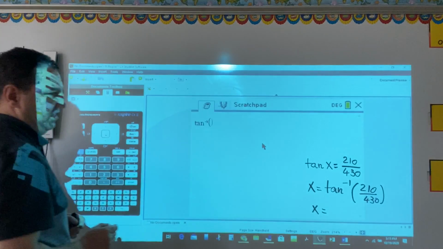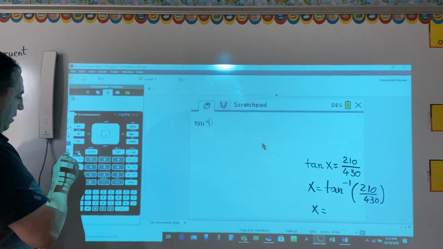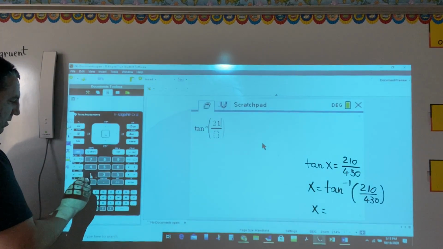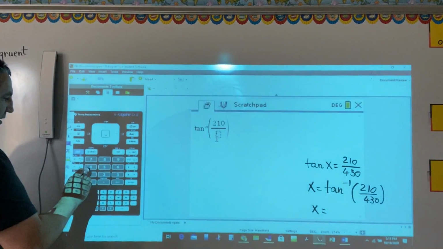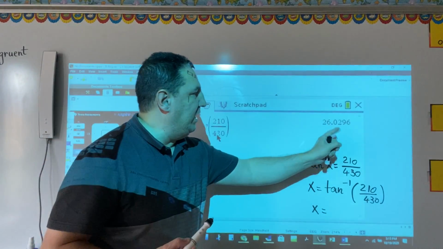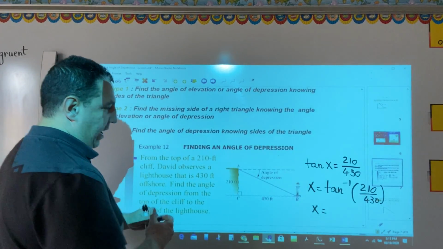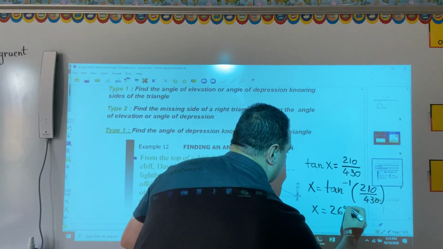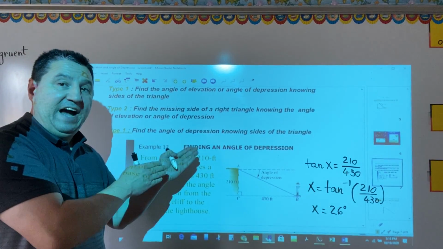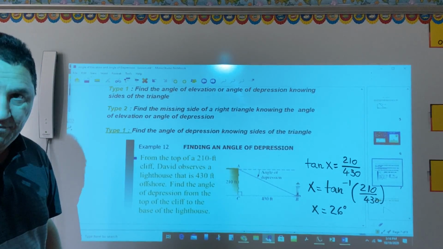We click on inverse tangent, right? Then control divide. On top is 210, in the bottom is 430. And then we hit enter. So the angle would be around 26 degrees. So x would be 26 degrees. That is how to find the angle of depression using the given sides.